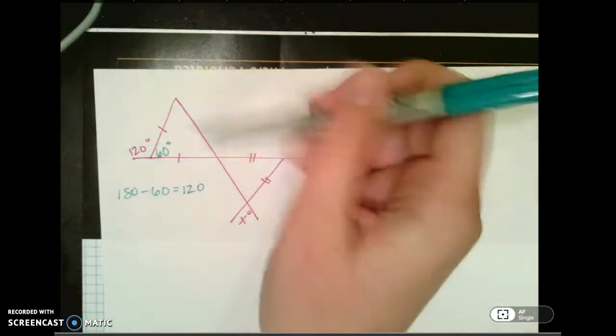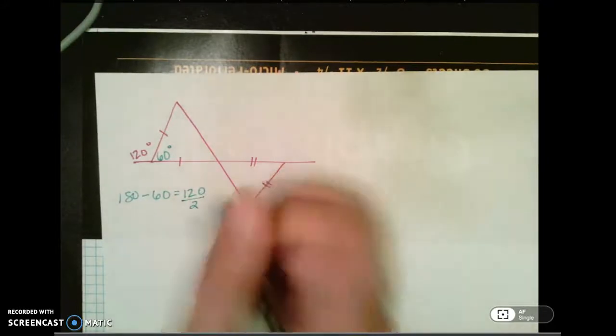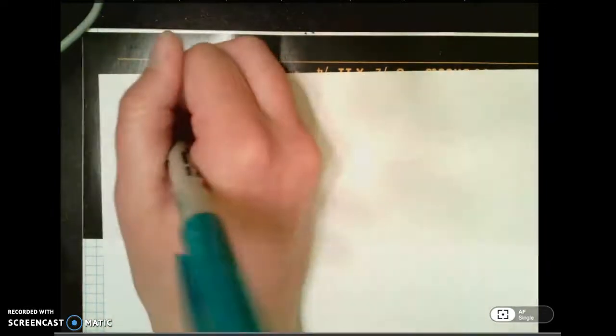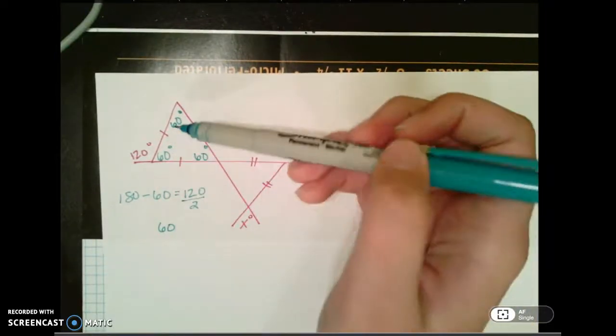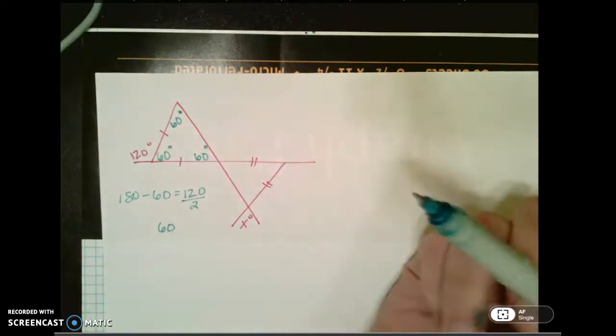But I have two of these, so if I divide it by 2, each one of these, 120 divided by 2, is 60. So each of these are 60, which means that's actually an equilateral triangle. Okay? So if they're all 60, that helps me get that triangle.